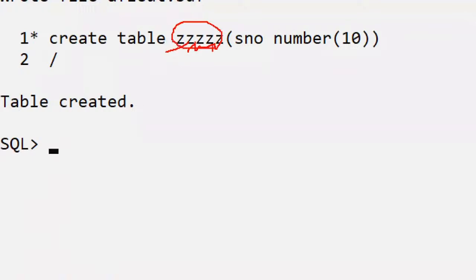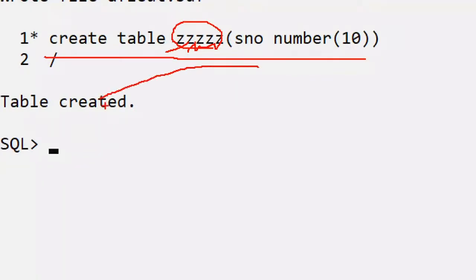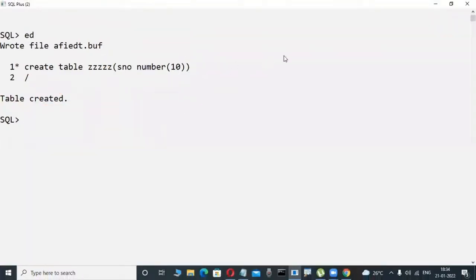Z is the name I am giving. The table I'm creating is only in my Oracle database, or SQL Server database, or MySQL database. Okay, the table is created. Slowly observe it here. This table is created.